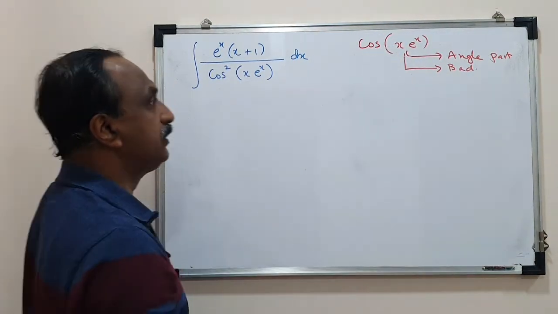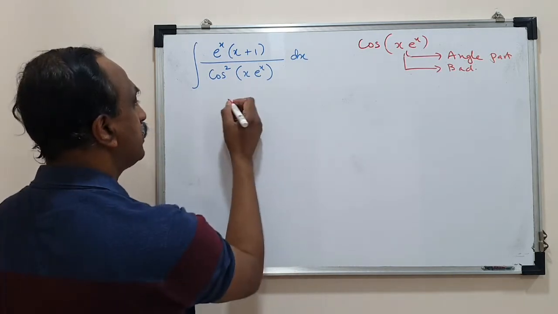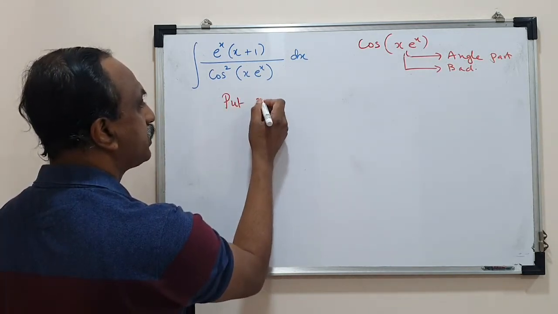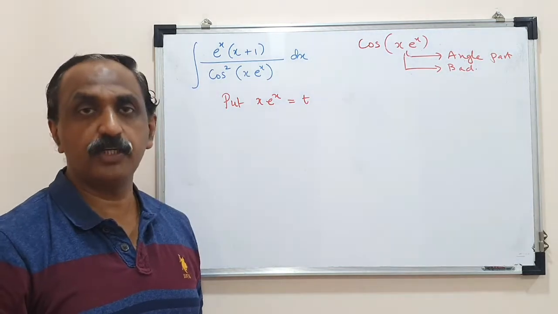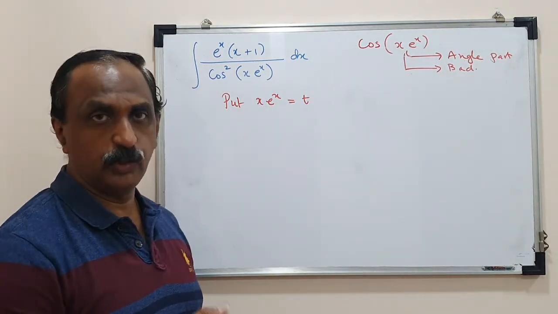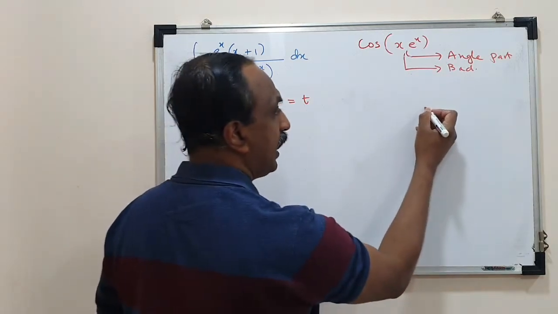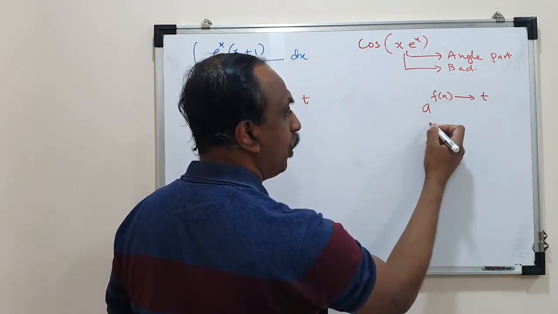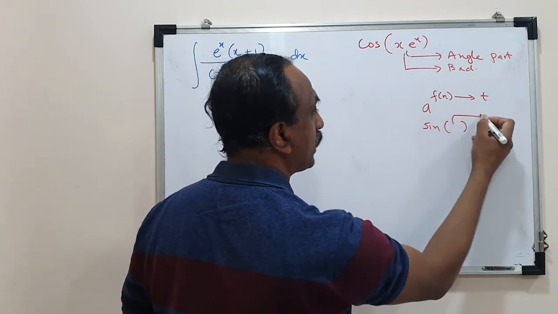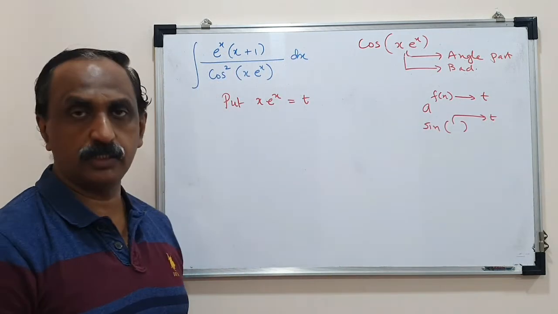Because it is not linear, you don't have to think anything. Just put x e raised to x as t. Automatically you will notice that its derivative is present. In two cases you don't have to think much: one is the exponential power, which should be put as t, and the other is the trigonometric function, where the angle should be put as t.